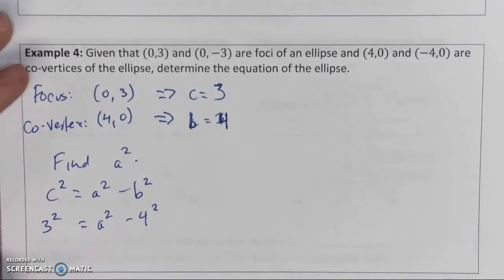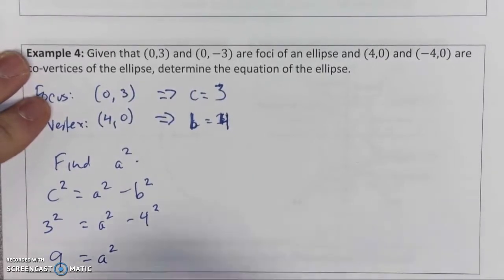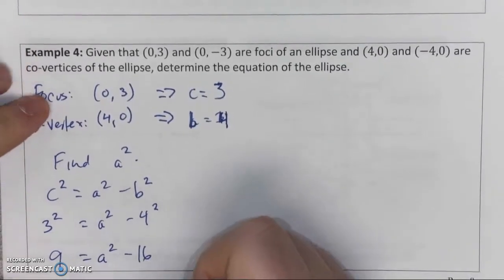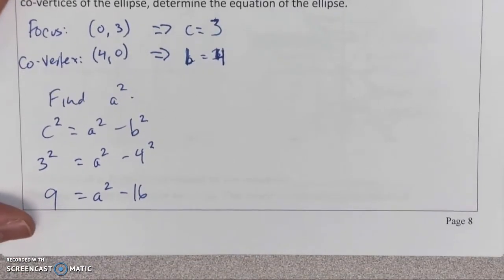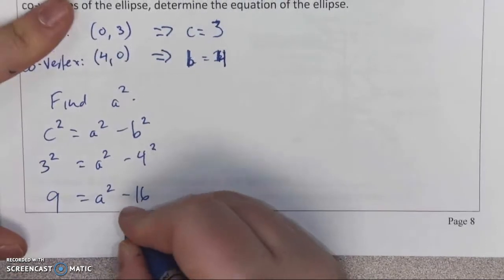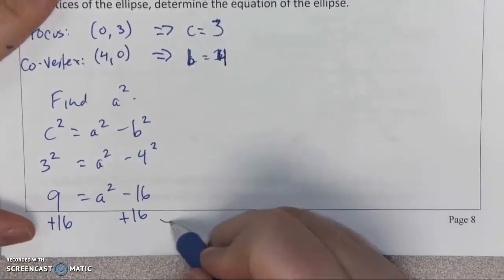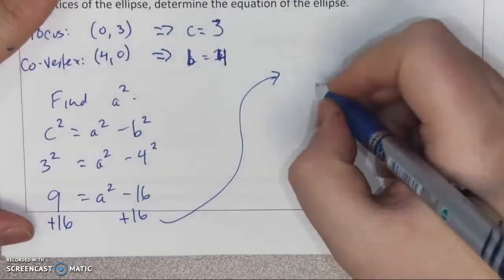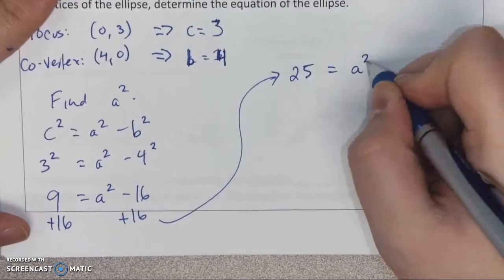So 3 squared is 9 equals a squared minus 4 squared, which is 16. So I have a squared minus 16 equals 9. I can solve this by adding 16 to both sides. So that would give us 9 plus 16 is 25 equals a squared.